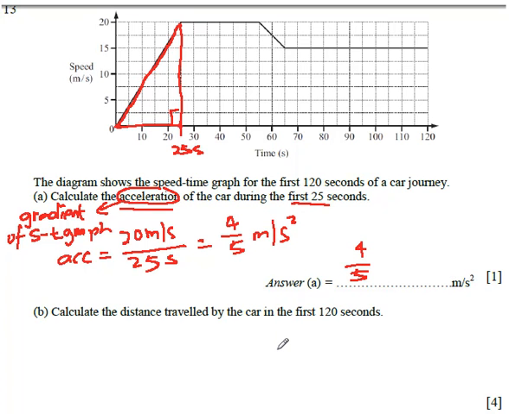Calculate the distance traveled by the car in the first 120 seconds. This is 120 seconds, which means that we need to calculate the distance traveled by the car from the beginning until 120 seconds. So we look at the travel graph and we can see a few regions.